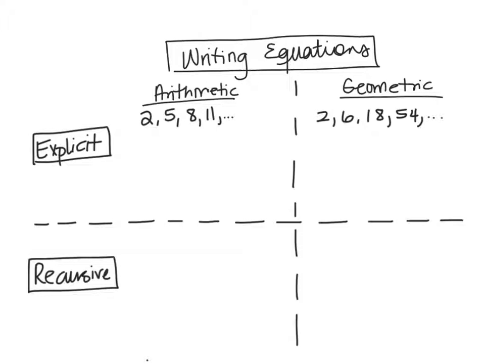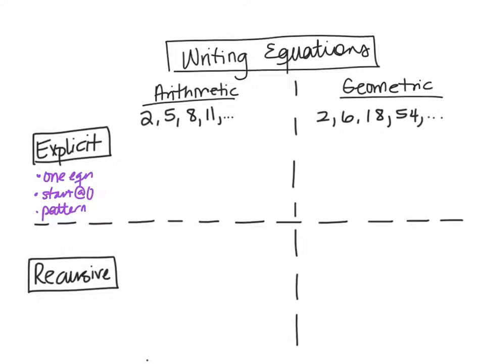Explicit equations were where we would put all of the information into the same equation. So for explicit equations, you need to write down that it is one equation, and to do it, you need the starting point and the pattern. On explicit equations, remember, we're always going to start at 0.